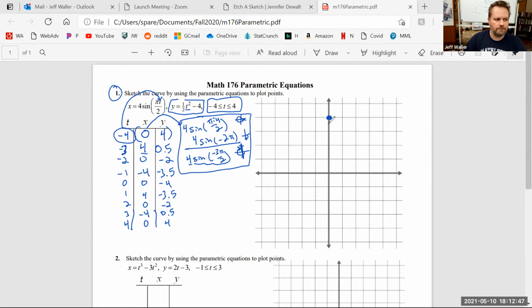Put a dot there. Then it goes to, so again, you have to ignore the T's. You can even rewrite the points if you need to, so you don't suddenly look at T for some reason. So the next thing I'm going to do is 4.5. There it is. Then it's going to go 0, -2.